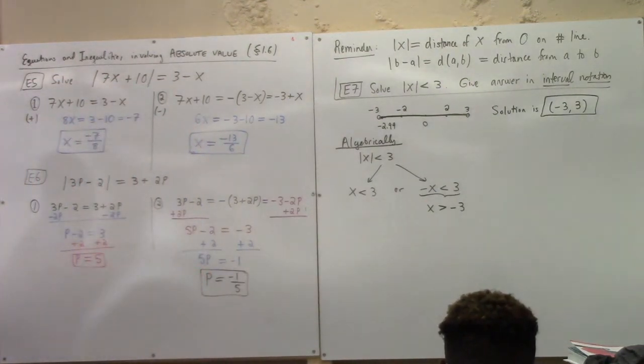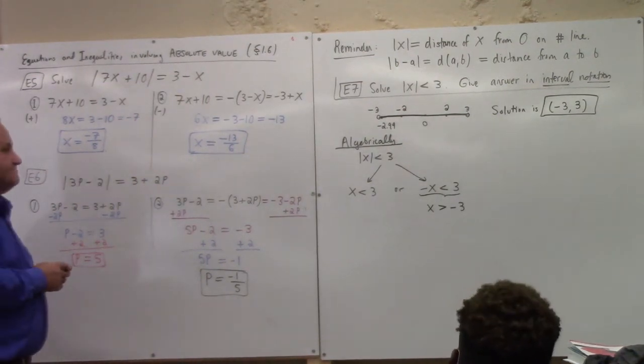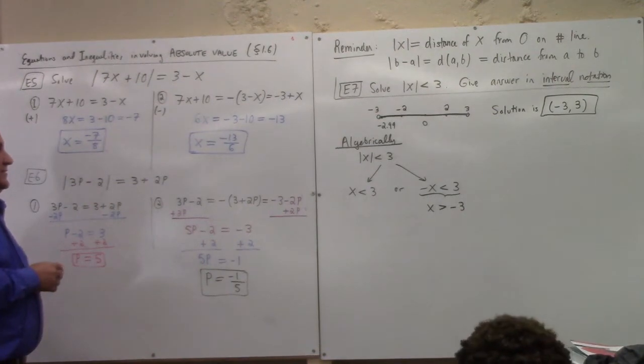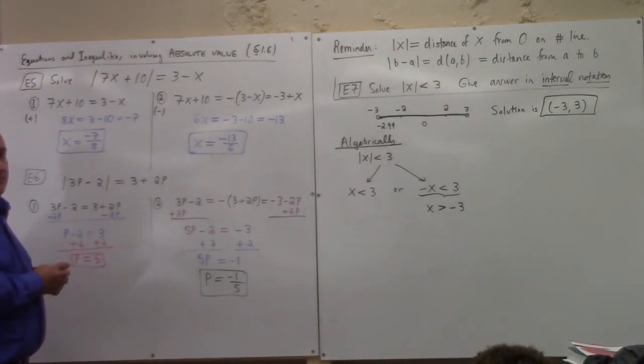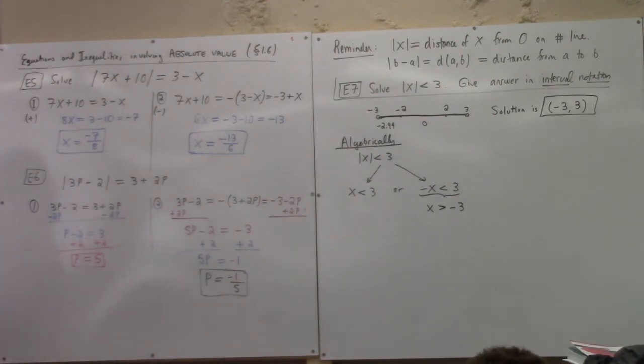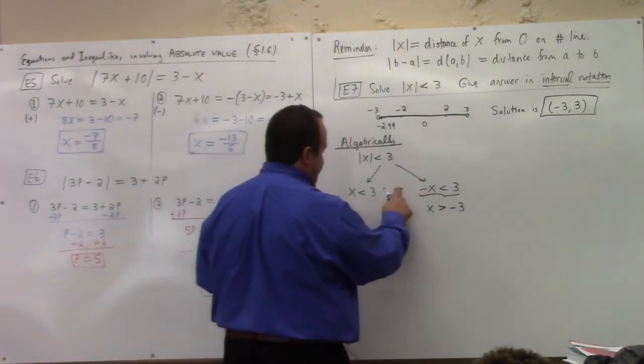So I need one of those conditions or the other. I actually need them both. Right? I mean, clearly, if I put x equals 4, that's not a solution, right? Is the absolute value of 4 less than 3? No, right? So I actually need this and that.